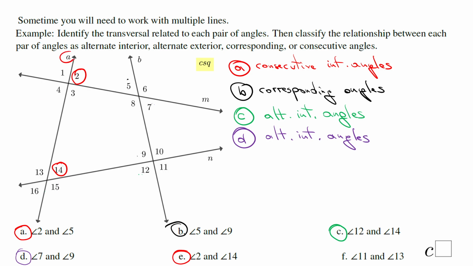Now the transversal will be A. And if we look in now, angle 2 and angle 14, both of them are on the right side, if you want to call it like that, of transversal A. One is exterior 2, one is interior 14. How do we call those angles like that? One interior, one exterior on the same side of the transversal, those are called corresponding angle.